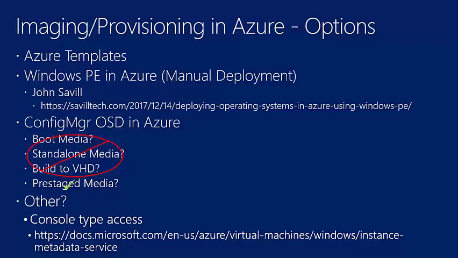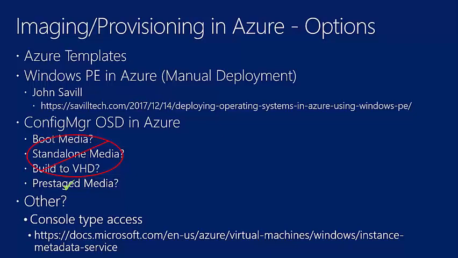So that leaves us with this idea of pre-staged media. With pre-staged media, it completely works in an Azure environment. Why? Because pre-staged media, when we apply the pre-staged media task sequence, what it will do is drop down some different configuration files and so on, ultimately creates a bootable hard disk, right? Well, so I put some asterisks around boot media and standalone media because they aren't supported booting from hard disk.